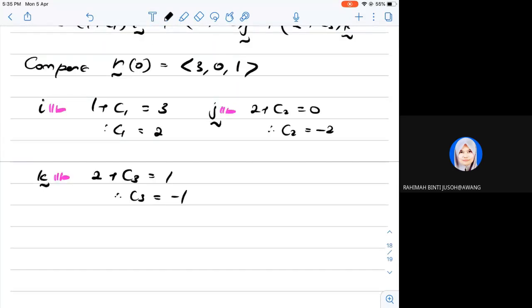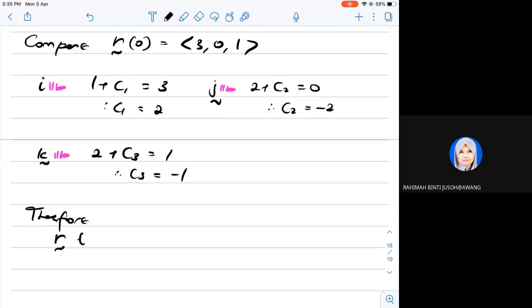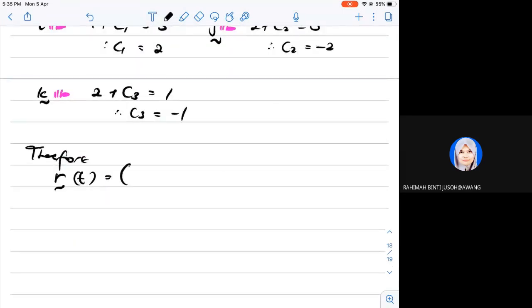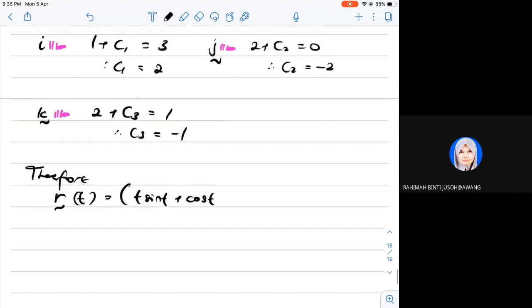So substitute back into our position vector r(t) from earlier, which equals t sin t plus cos t plus C1, so plus 2 i.